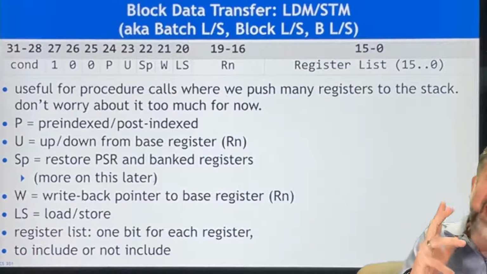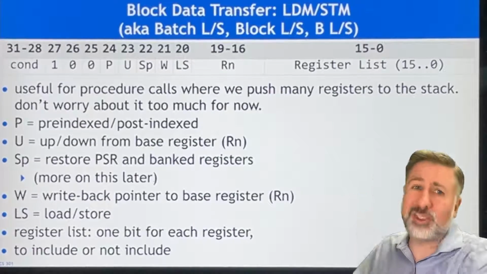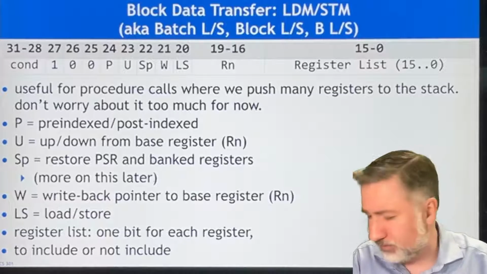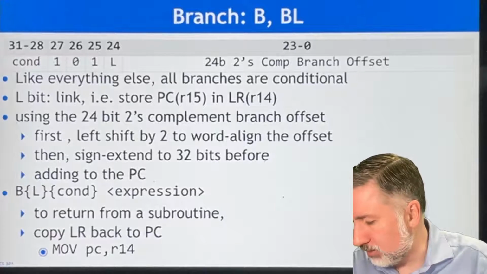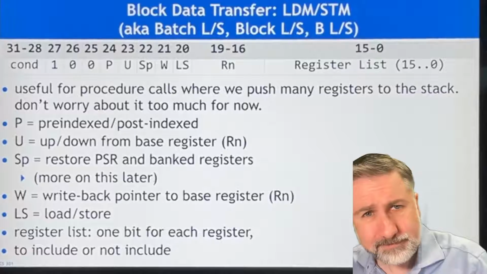So you can use this as a context switch, right? You can just batch load in a whole set of new registers, blop, as a single instruction. It's really, really cool. Useful operation. So that's block data transfer.